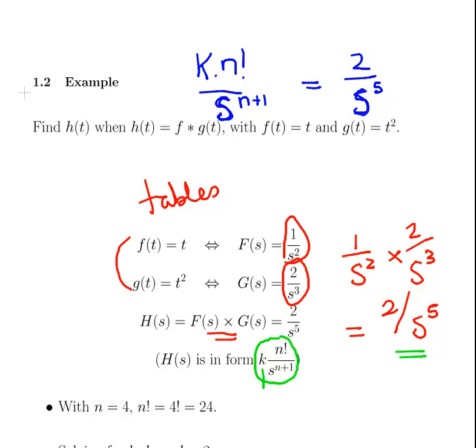So necessarily n plus 1 is equal to 5. If n plus 1 is equal to 5, n is equal to 4. And we can further deduce n factorial from that. N factorial is 4 factorial, which equals 24. So n equals 4, n factorial is 24. Now we know that k times n factorial is equal to 2, so we just have to solve for k as well. Necessarily k is equal to 1/12.